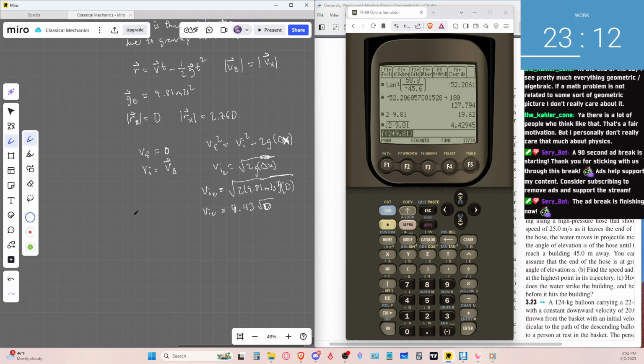Yeah, because then we don't know what d is, so we don't know what d's y component is. And then for the x component, basically if it's projectile motion, it's not going to have an acceleration. So it's just going to remain at the initial speed.